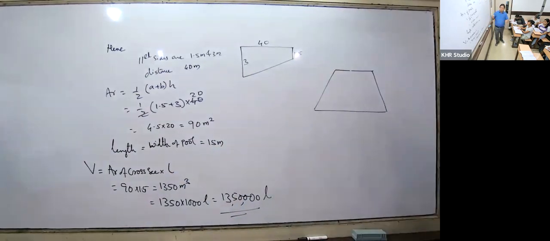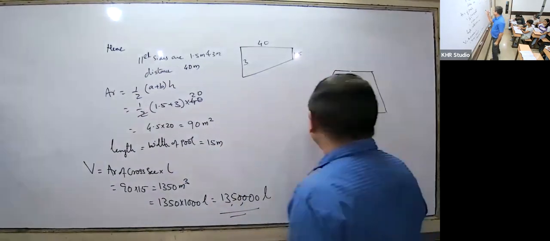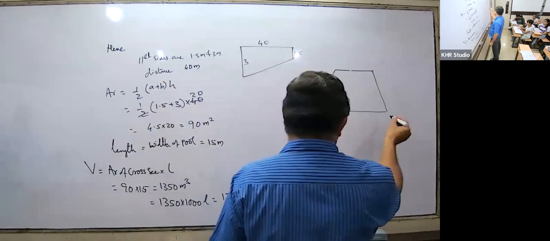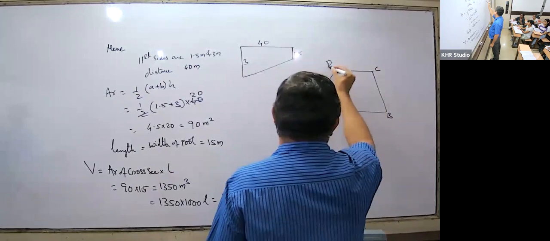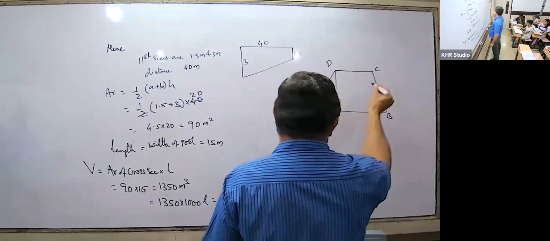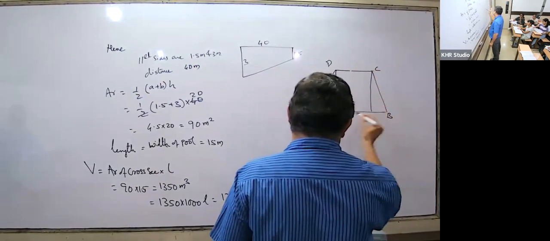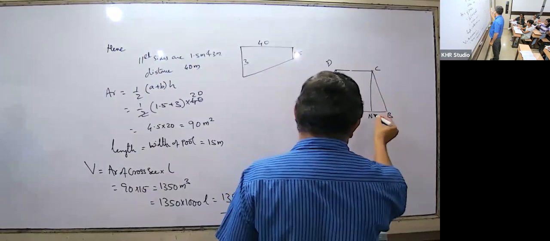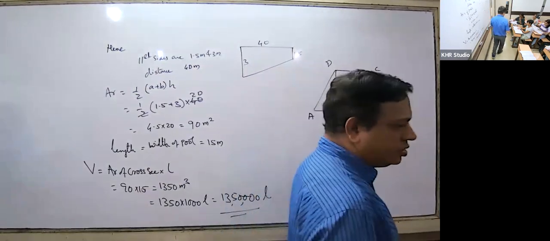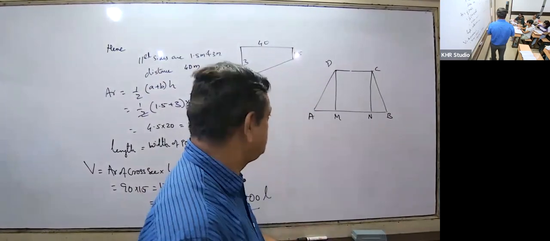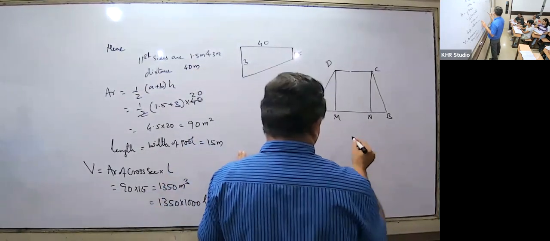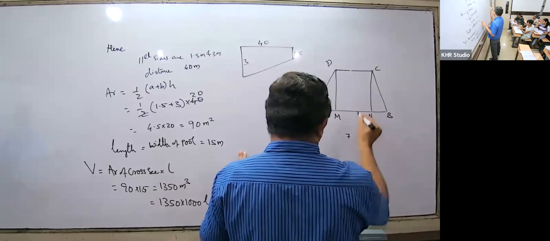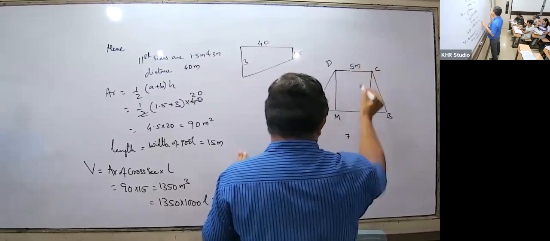Now, over here, what are these lengths? A, B, C, D, and M and N. Now, what values are going to be told? AB is equal to 7 meter. CD is equal to 5 meter.